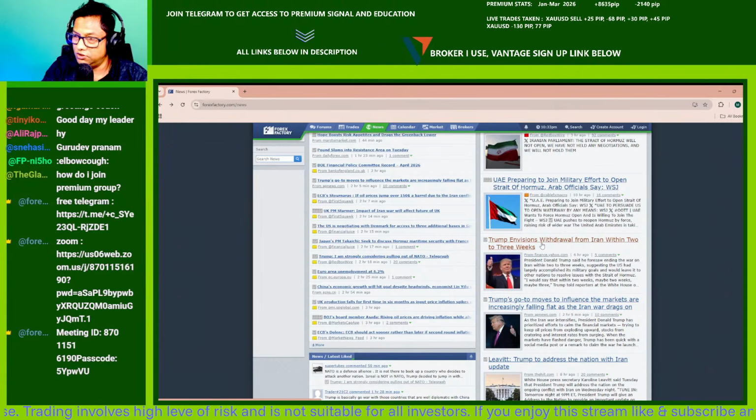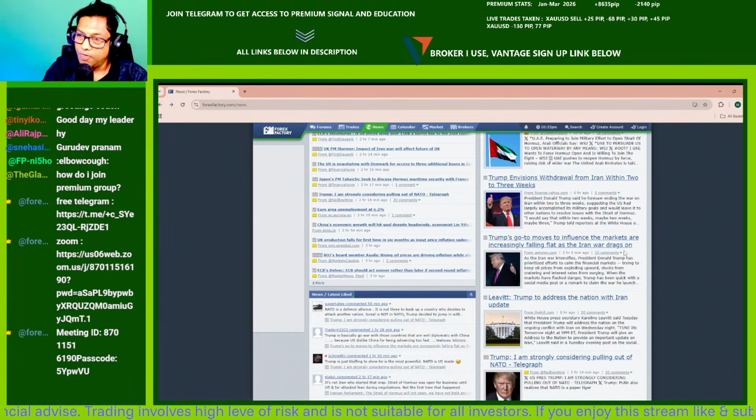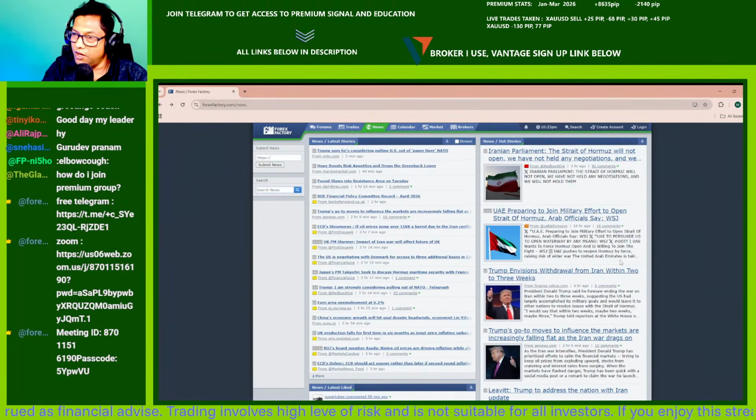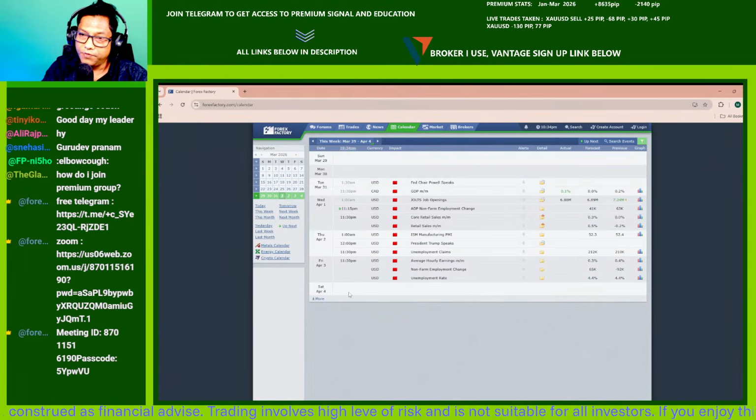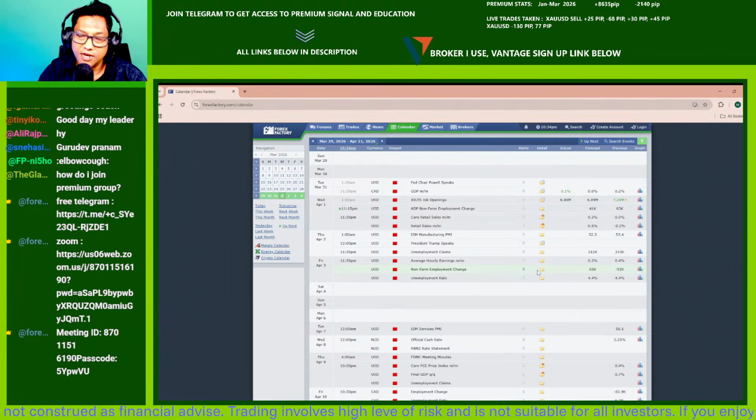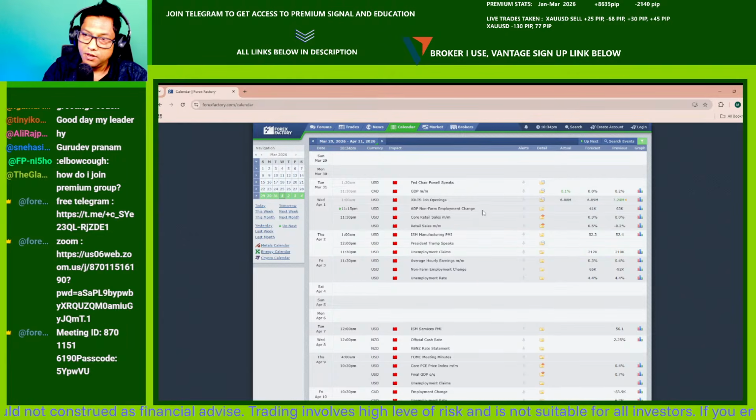Trump, 6 hours ago, said withdrawal from the Iran war within 2 to 3 weeks. So this is some info combined with the calendar. Today's primary market mover will be the ADP non-farm employment change and also core retail sales.